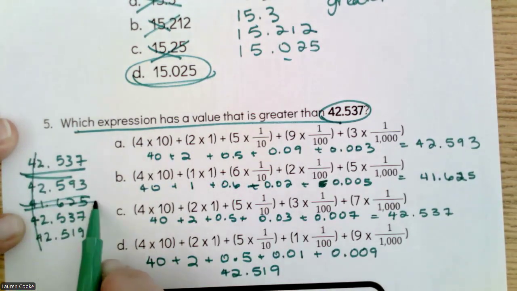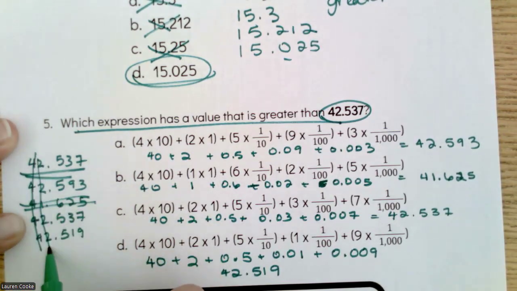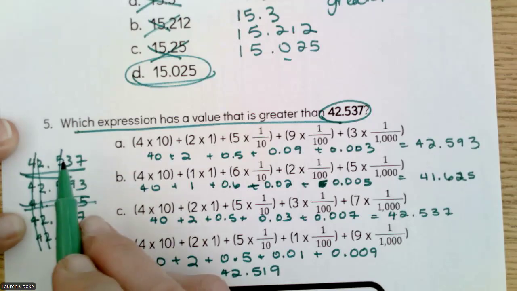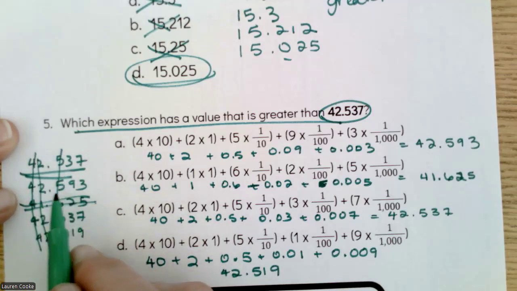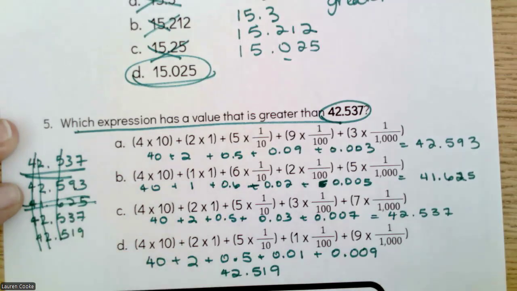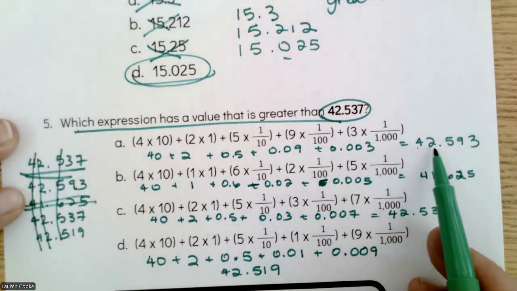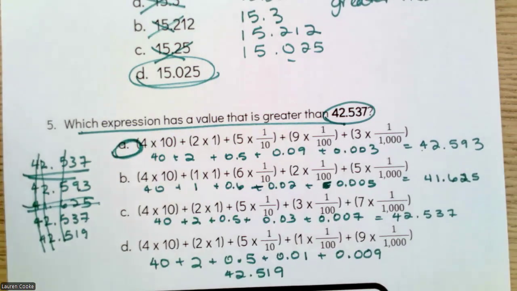Same, definitely not this one. Same. Okay, this one is bigger right there. So that is this one, 42.593. Okay, and 593 thousandths. When I'm in the middle of working it out, I do tend to use points and then just the digits. But then when I go back and read it, I do use the place value.